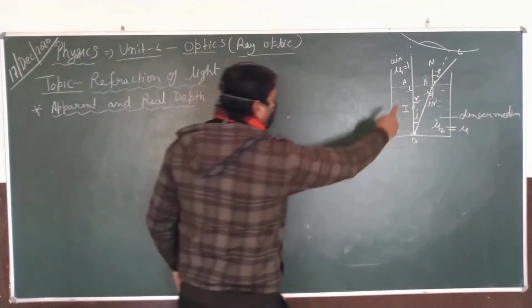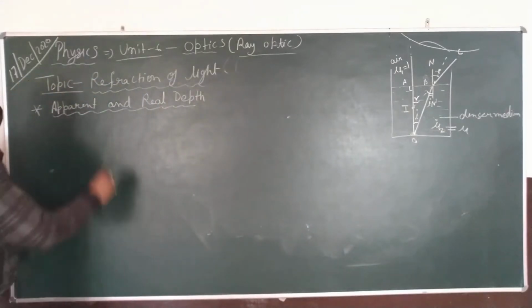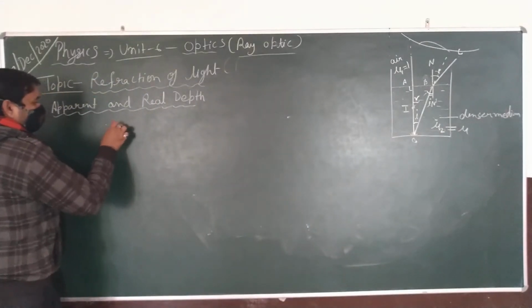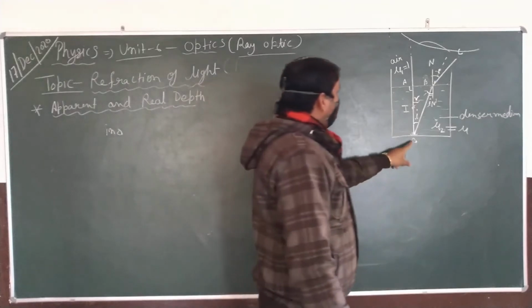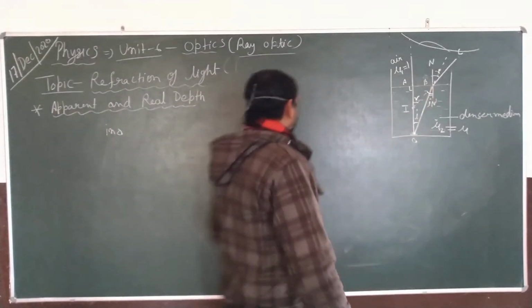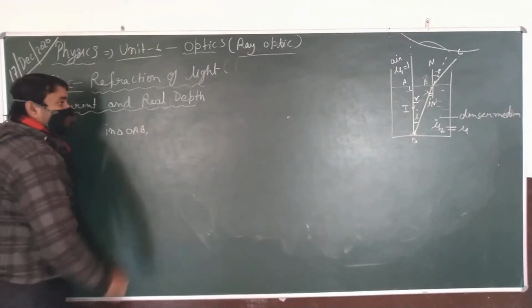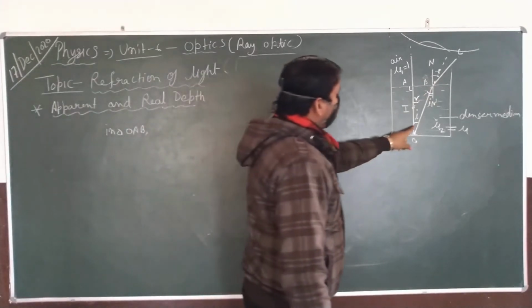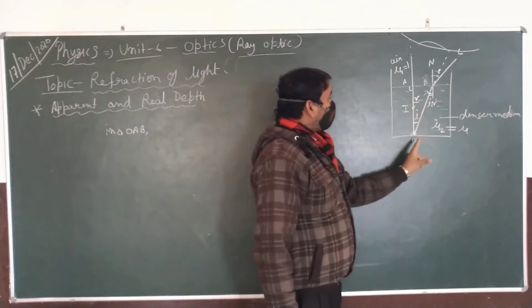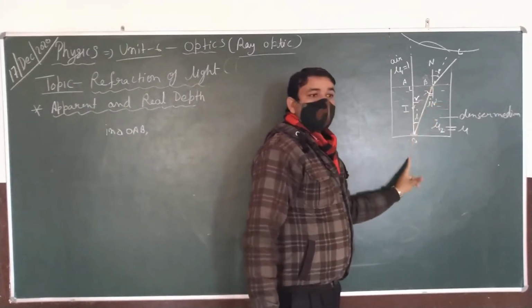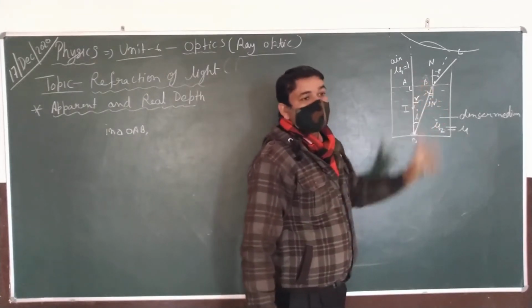So in triangle OAB, we have the hypotenuse OB and the perpendicular AB.